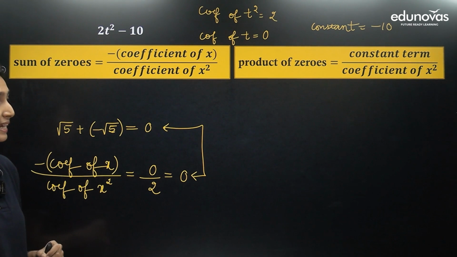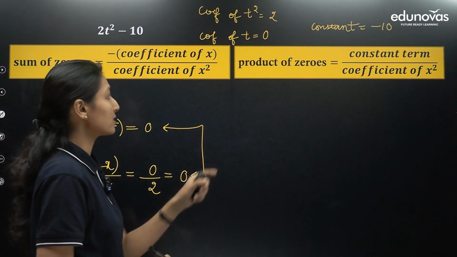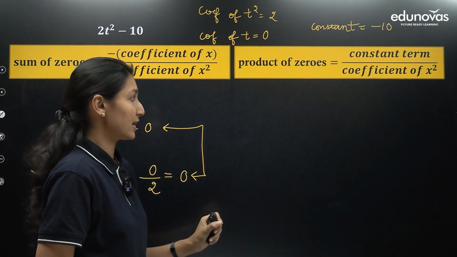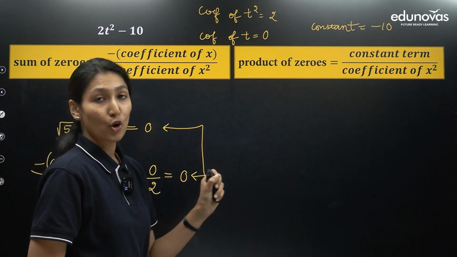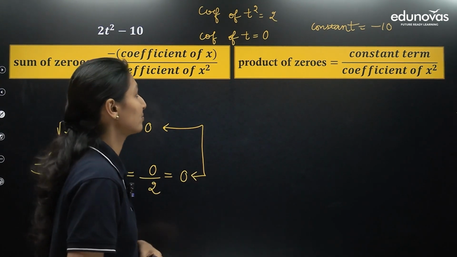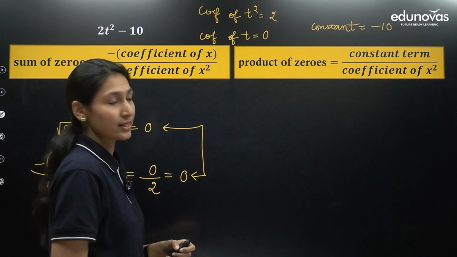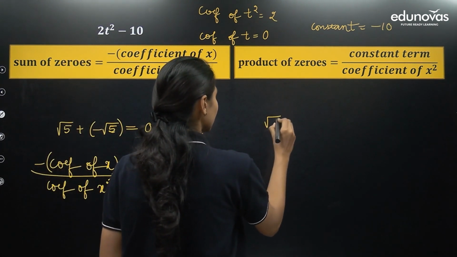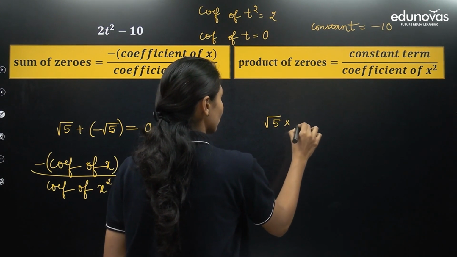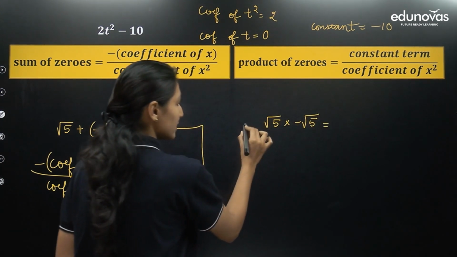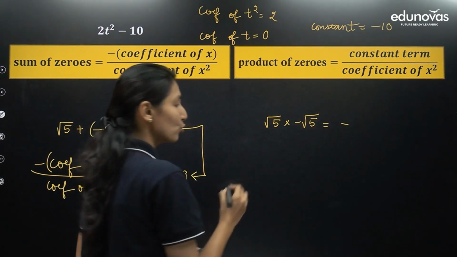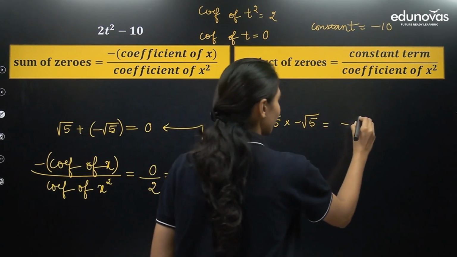Now let's look at the second relation. It states that the product of the zeros is equal to the ratio of constant term over coefficient of x square. What is the product of the zeros? It is root 5 into minus root 5. Plus into minus is minus, root 5 into root 5 is 5.